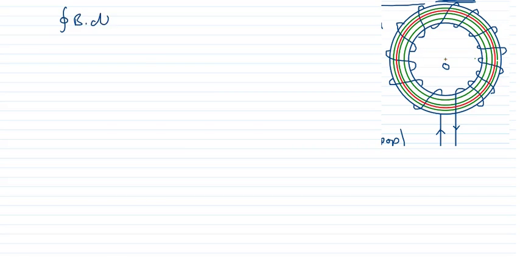B dot dl is equal to B dl into cos of the angle between B and dl. Now I have already drawn the magnetic field. The magnetic field inside the toroid will be in the form of closing loops, that is what I have shown with the green color lines.